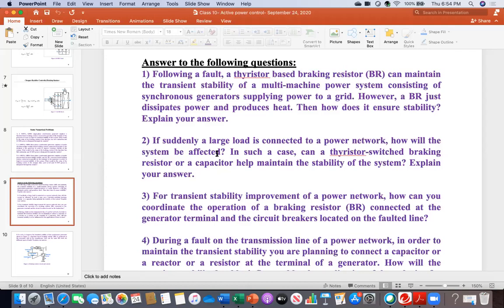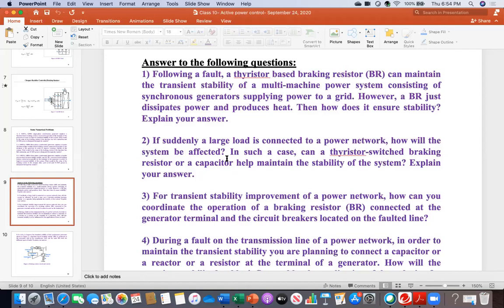The first one is, if a large load is connected, will there be any issue? Yes, there would be a stability issue. So what type of issue will it create? It will create a frequency stability issue. So what will happen to the frequency? Will it increase or decrease, or remain the same?